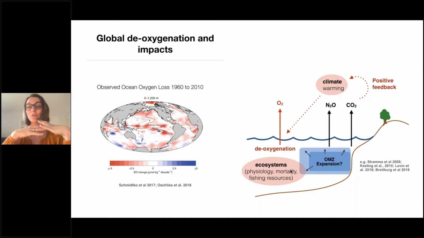They can't respire, so fishes, for example. So it will impact physiology, mortality, fishing resources. Another aspect is that if those areas of oxygen minimum zones expand, they would likely produce more nitrous oxide and maybe reduce the sequestration of carbon, which would have a positive feedback on climate and warming itself.